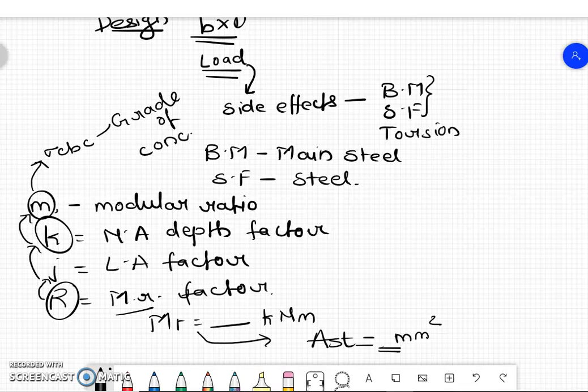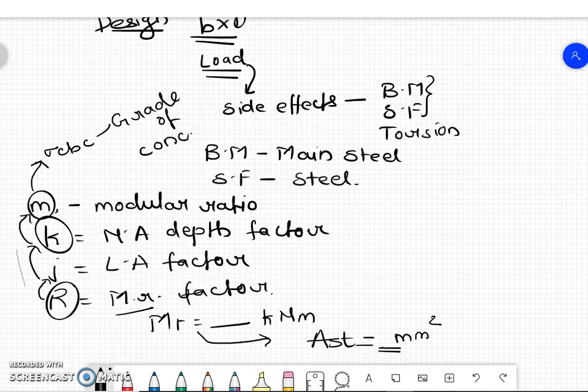This will be our designing of any structure. It's very simple. Now first we will do some numericals only depending on the constants and calculation of MR. Then we will go for designing and providing of AST and detailing the AST.